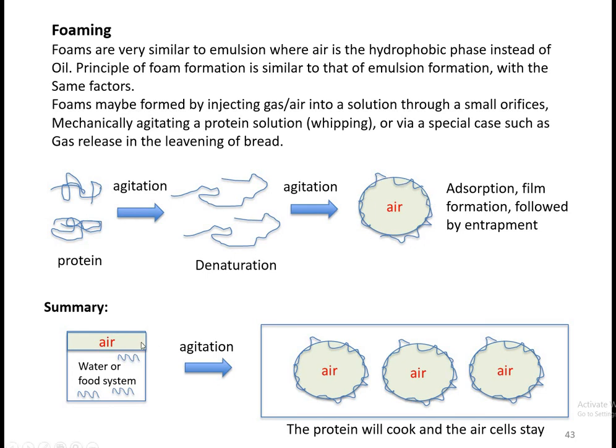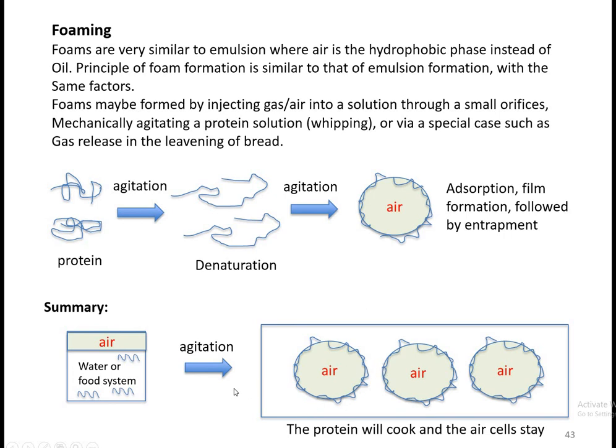So now with the presence of the protein as the foaming agent, the protein film will protect the air from coalescence. Without this protein, this air and this air may come together and become big air bubbles. They're going to escape from the system, therefore you're going to lose the air cells later on.